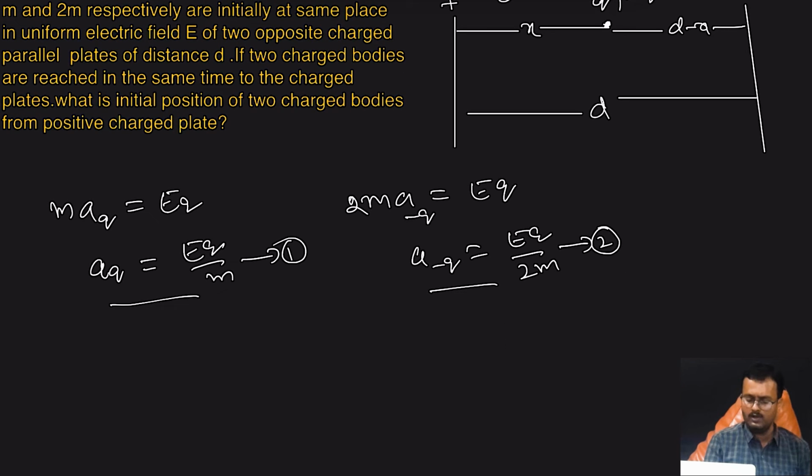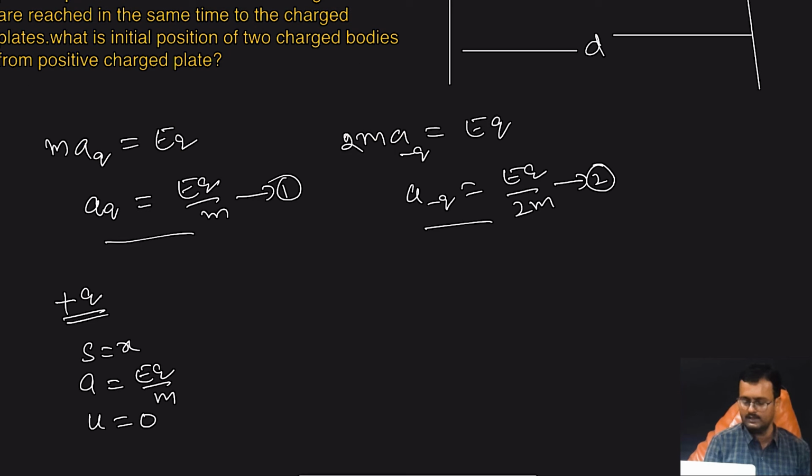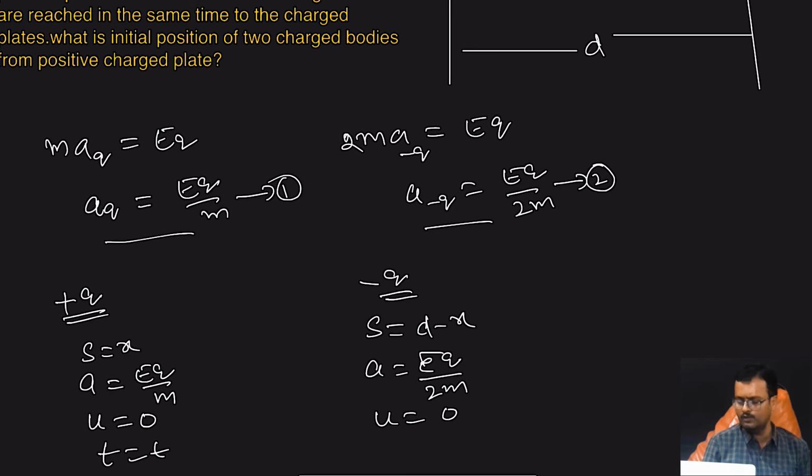See, for the positive charge, the displacement is x, the acceleration is EQ by m, the initial velocity in rest position u is equal to 0, and suppose the time is t. For minus q, the displacement is d minus x, the acceleration is EQ by 2m, the initial velocity is 0, and both times are the same, so this is also t.